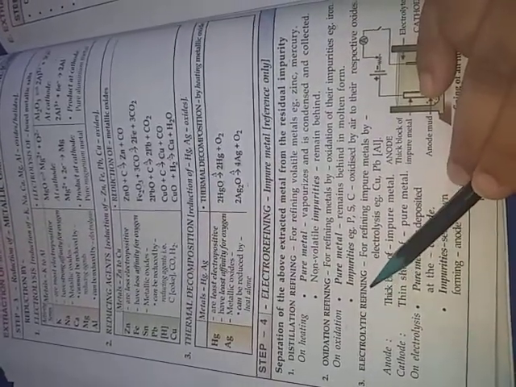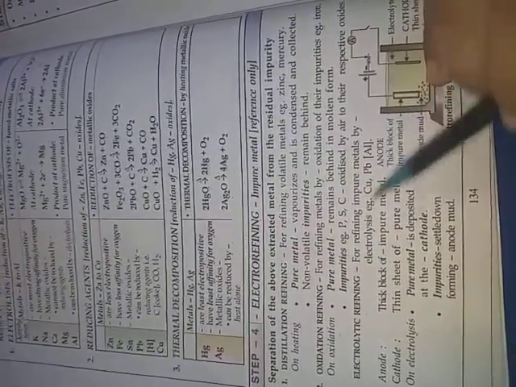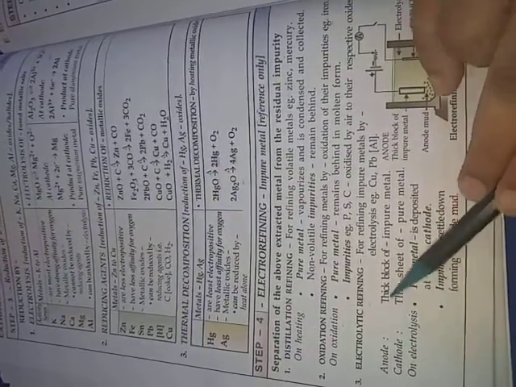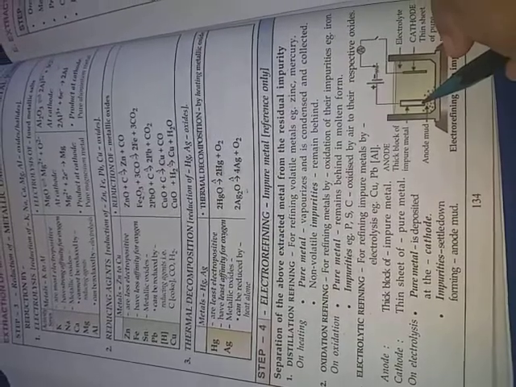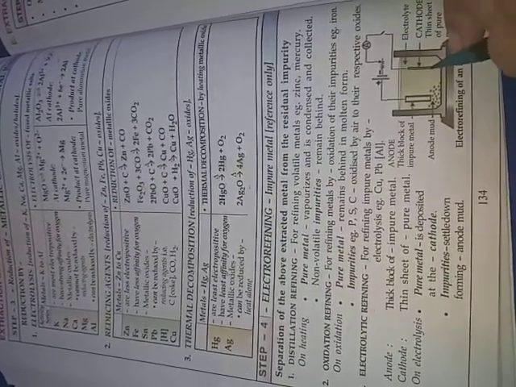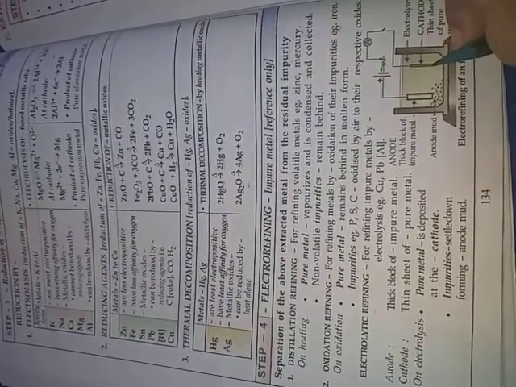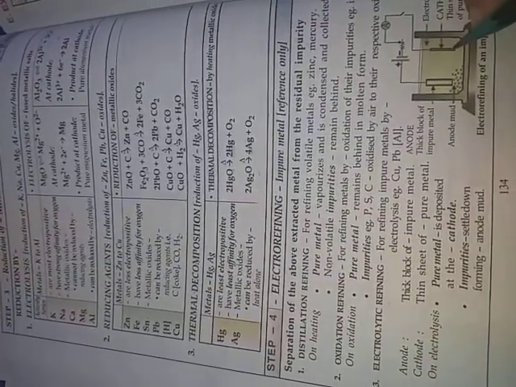The last one is electrolytic refining. This is done for copper, lead and aluminium also. Here, the anode is a thick block of impure metal, and the cathode is a thin electrode of pure metal. The electrolyte taken is a solution of that metal which we want to obtain in its pure state.